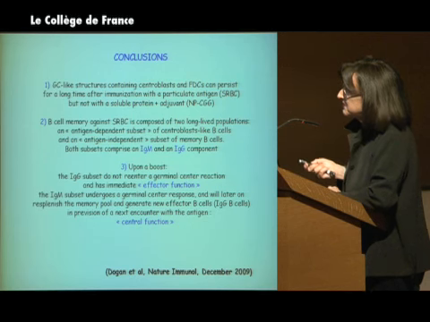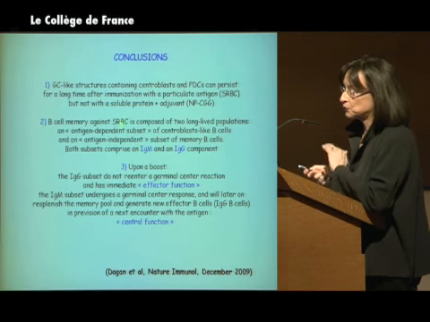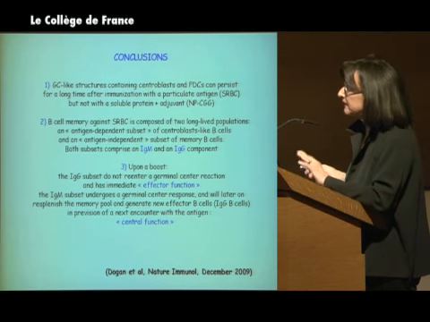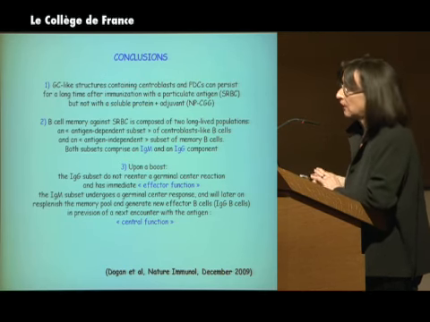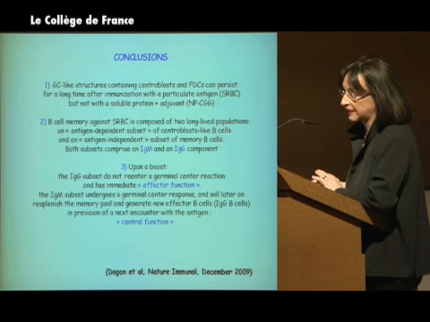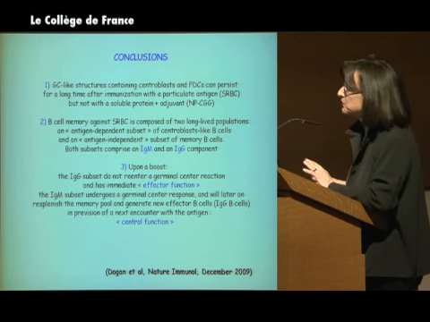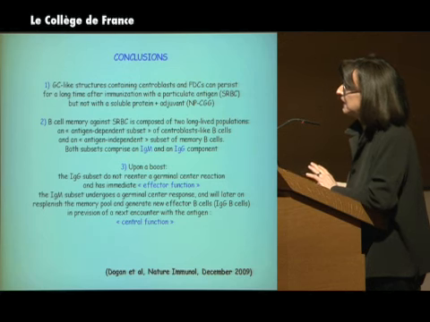But the B cell memory against sheep red blood cells is thus composed of 2 different layers, one layer in germinal center, one layer outside, but both of these layers are composed of both an IgM and an IgG component.